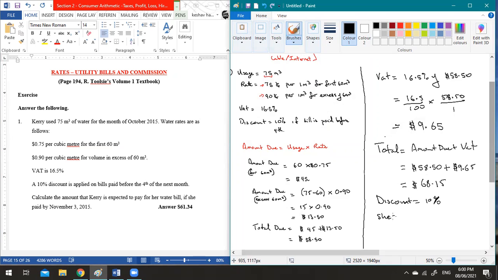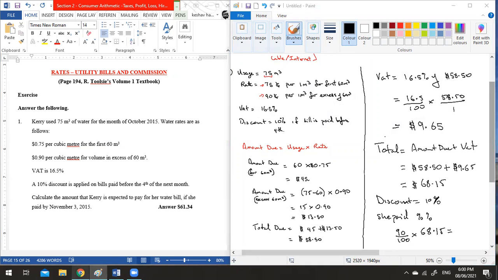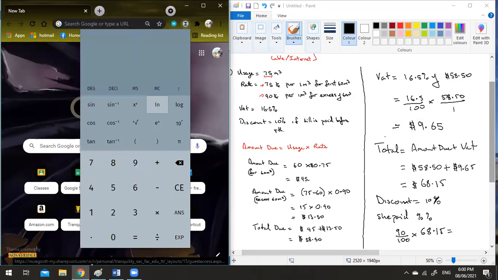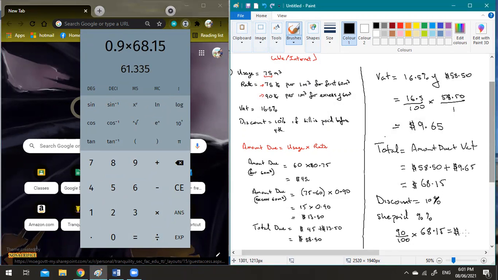So 90 over 100 multiplied by the total amount, $68.15. Right, and we will use a calculator again for that. 90 divided by 100 multiplied by $68.15. So she would pay $61.34. Remember, you have to round up, right? So she would pay that amount.